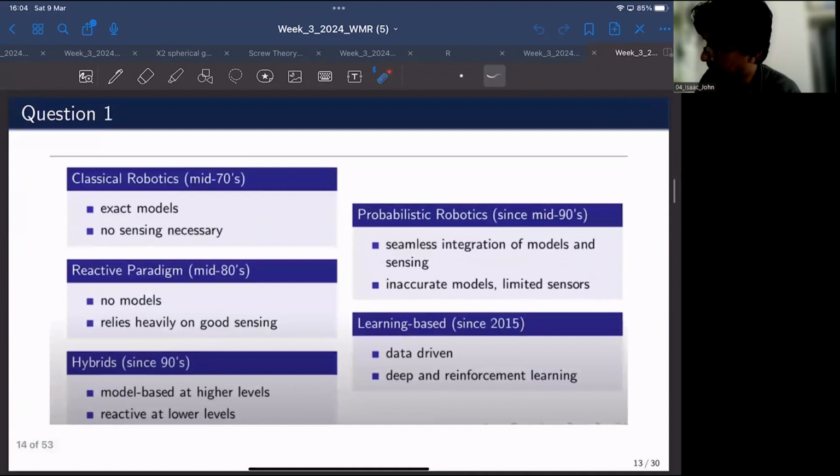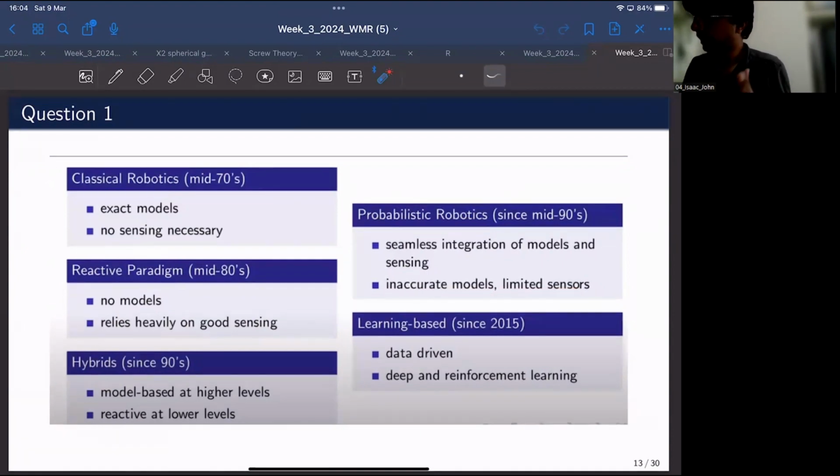Probabilistic robots accept that the model is inaccurate, because we cannot estimate the parameters of the model 100%. The data from the sensors is also limited because sensors could have errors and inherent noise.